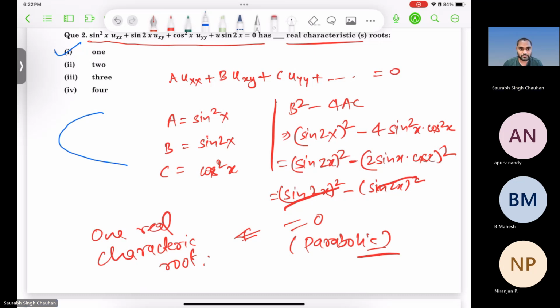characteristic curves. So don't think that these characteristic curves are in the shape of a parabola, ellipse or hyperbola. That is not the case.